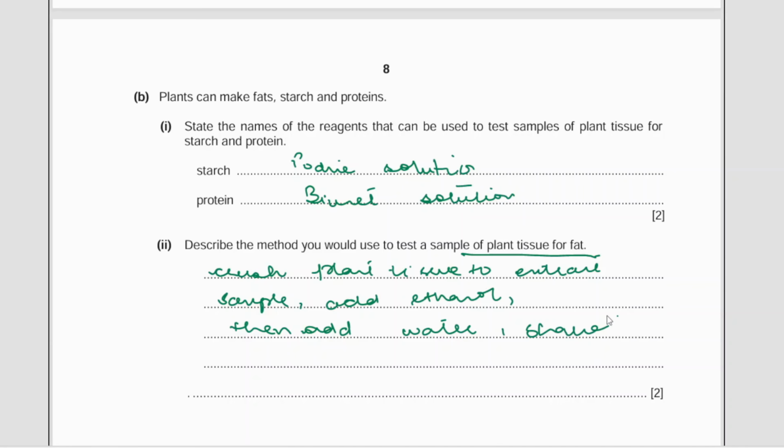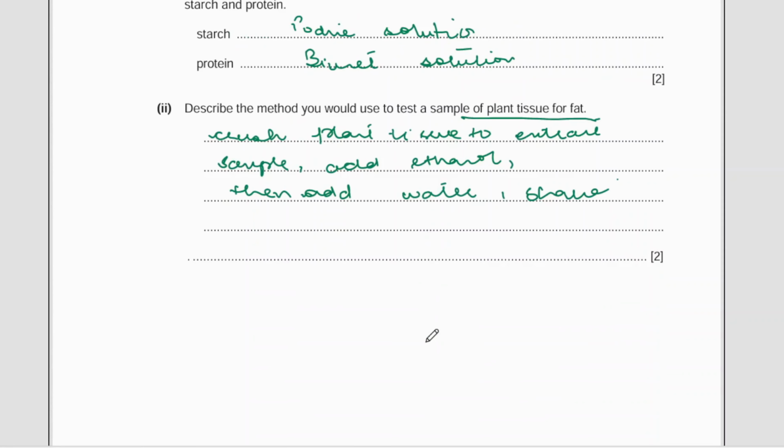Because they haven't asked about the end result, it would be ethanol emulsion. It's better to write ethanol emulsion. Keep in mind you have to add both, first ethanol and then water.